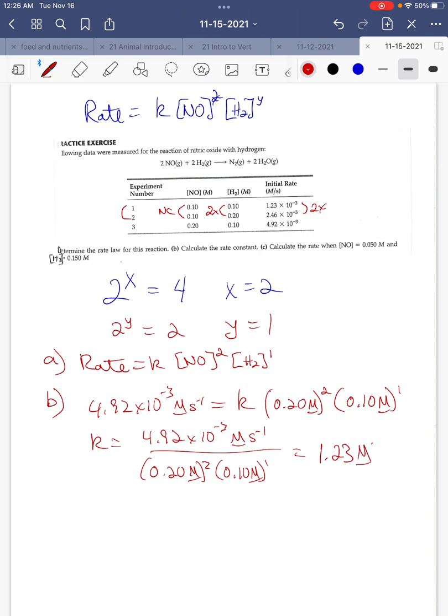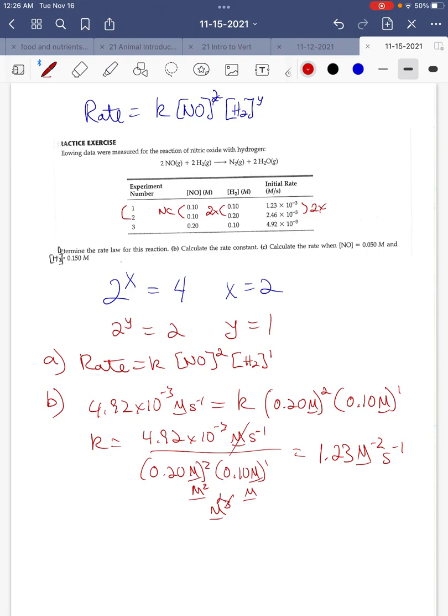And the units are going to be moles per liter to the minus 2, second to the minus 1, right? Because we got moles per liter squared times moles per liter, which would be moles per liter to the third, and we're going to cancel one of those with this one on the top. Moles per liter minus 2, second minus 1.